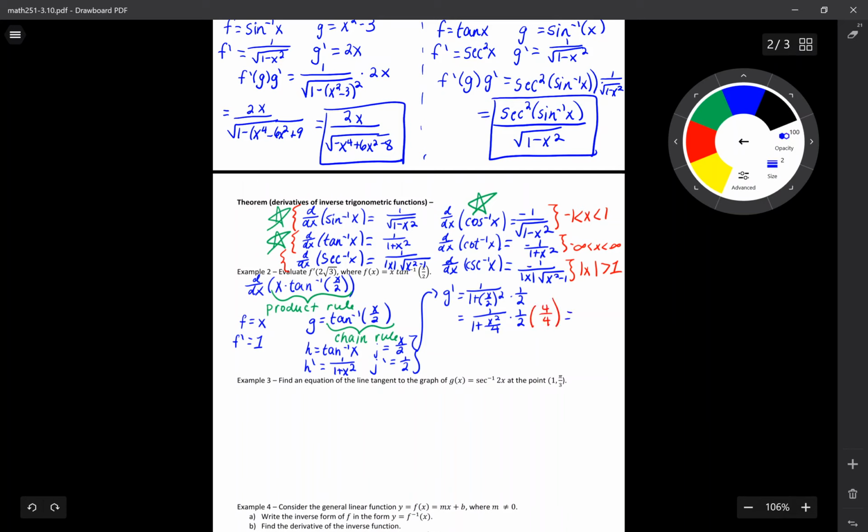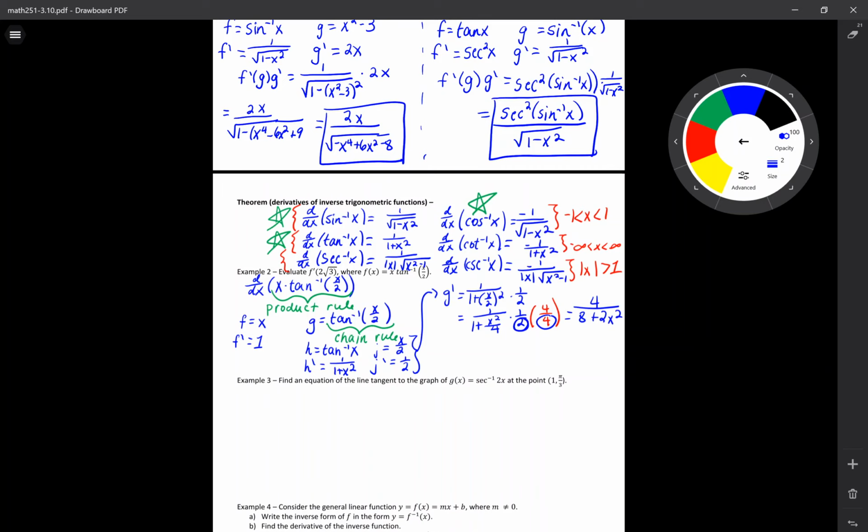And that will give me 4 over 8, multiplying this 2 with this 4, plus 2x squared, since I have that 2 there as well. All right, so this is my g prime.